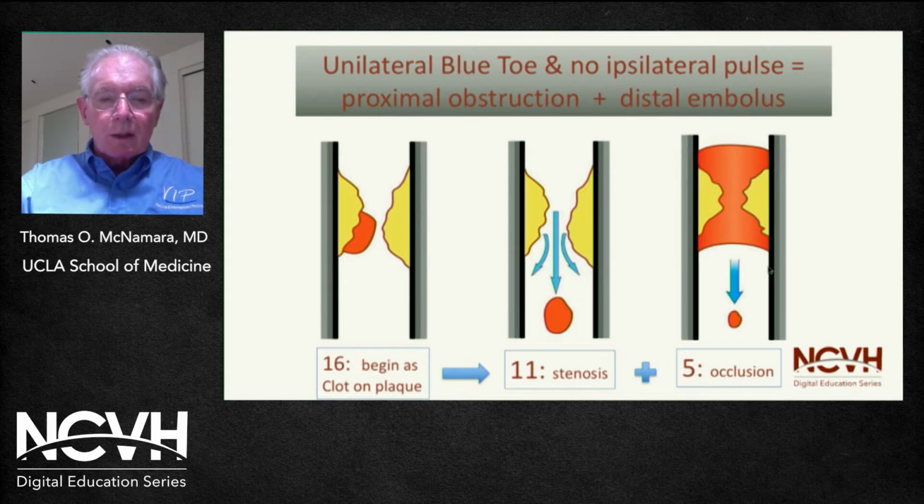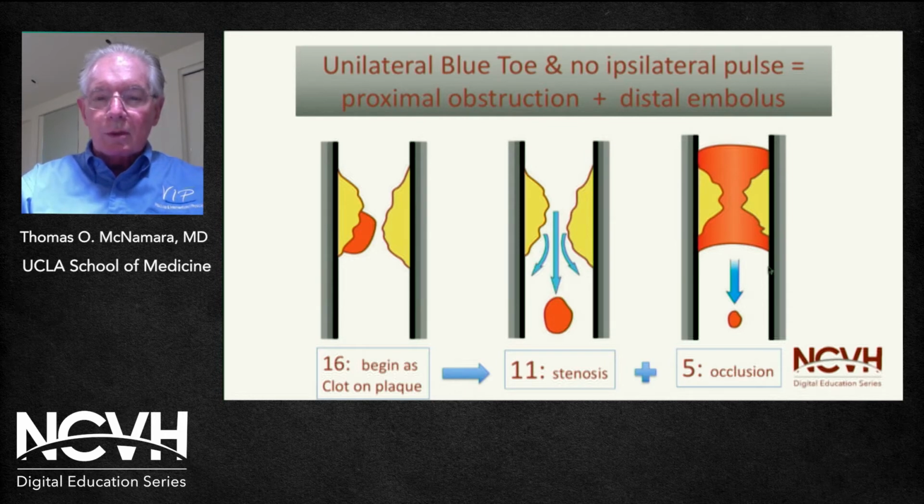Some of them, and that's what I'll be sharing with you today, actually in the presence of pulsatile blood flow, that developing thrombus will embolize. Most of them will embolize from a proximal stenosis, but some of them will actually go on to occlude.